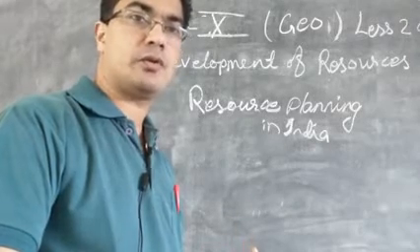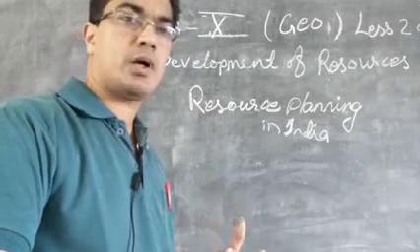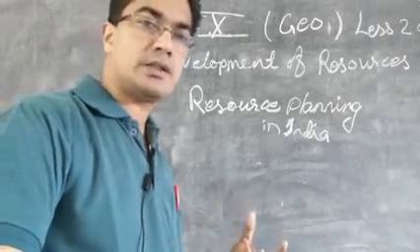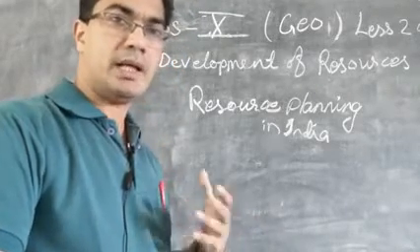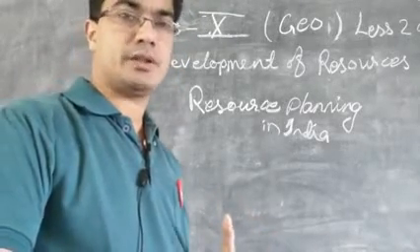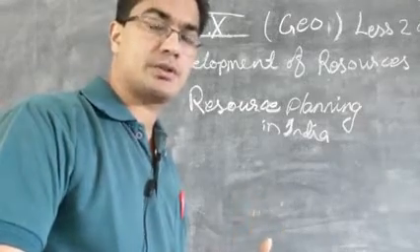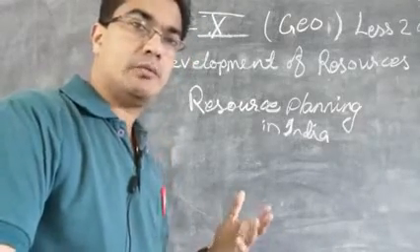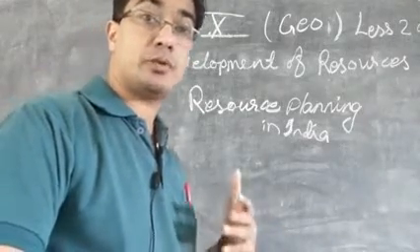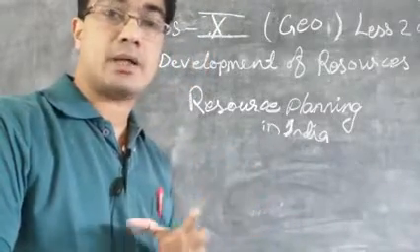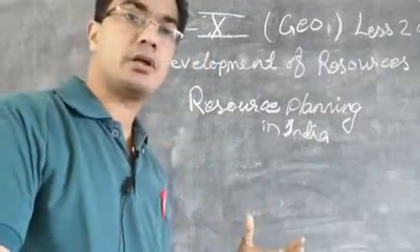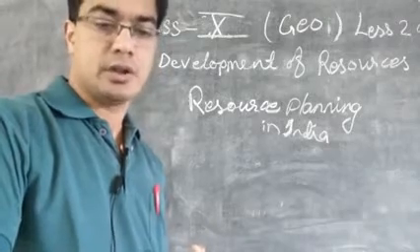We can make use of it for making hydroelectric power and for agriculture and so on. But at the same time, we are lacking in infrastructure development. We don't have proper roads, proper buildings, proper factories. So in infrastructure development we are lagging behind, but we are very rich in water resources.